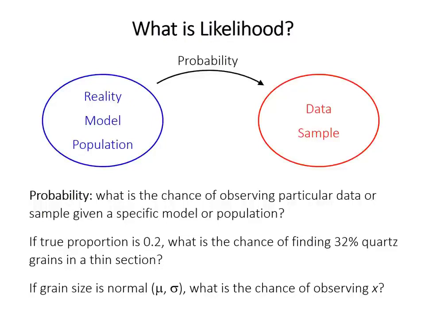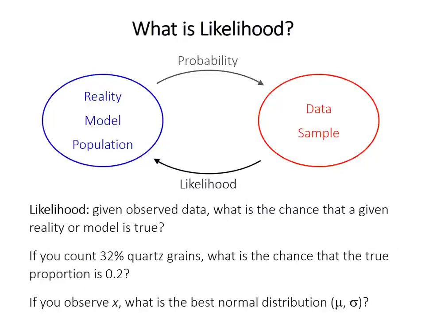For example, if the true proportion of quartz is 0.2, what is the probability of finding 32% in one particular sample? Or likewise, if grain size has a normal distribution with some known mean, mu, and some known standard deviation, sigma, what is the probability of observing some set of data, x?